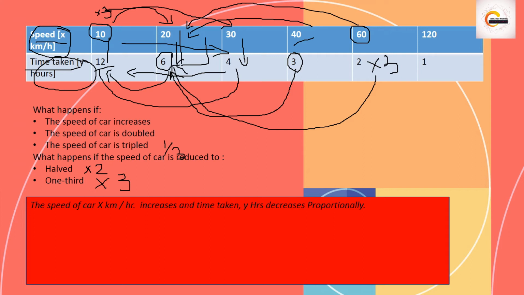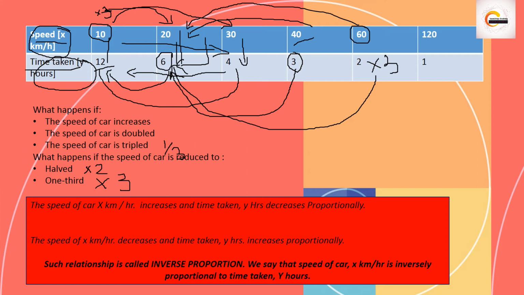Now we can clearly say that if the speed of the car x km/h increases and the time taken y hours decreases proportionally, and the speed of the car decreases and the time taken by the car increases proportionally, then such a relationship is called inverse proportion.